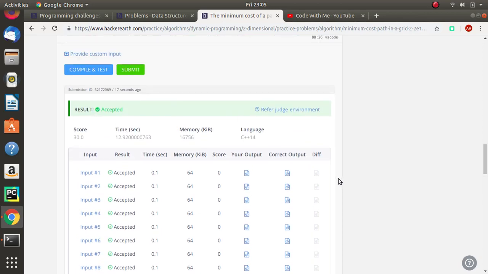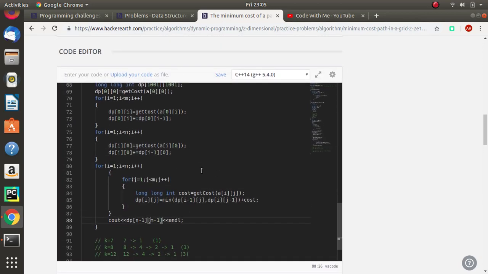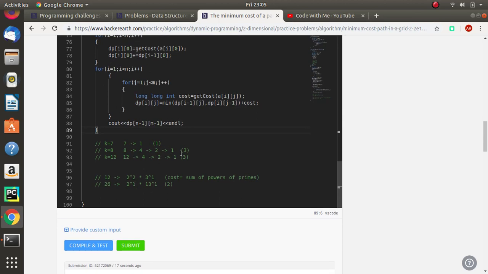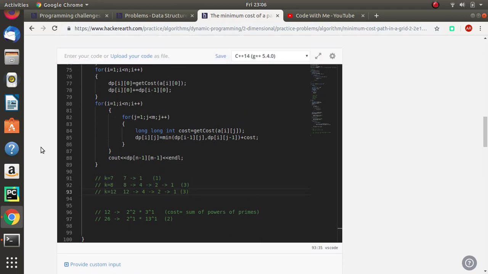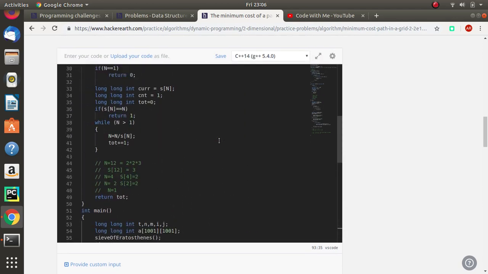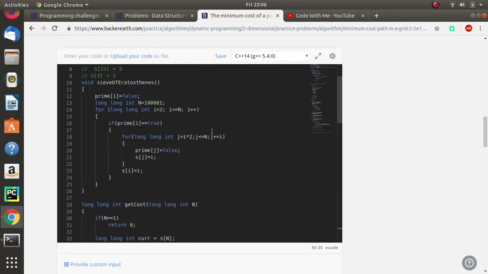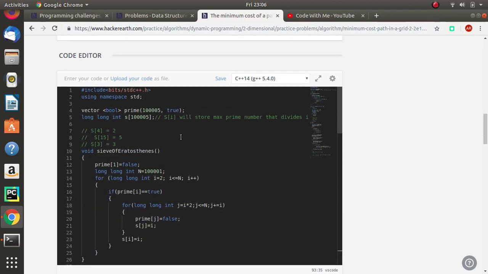So it's correct. So that was all of it. Mainly it was based on the concept of prime factorization, how you will store the cost, and how you will go back to 1. The main crux of the problem was prime factorization and being able to store the greatest prime factor in an array. So this was the concept.